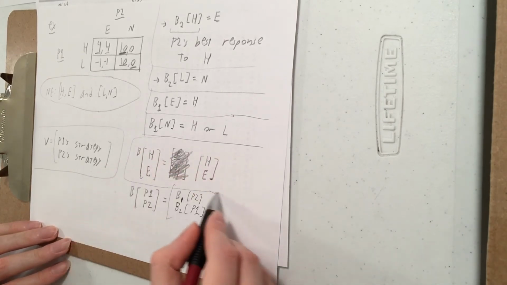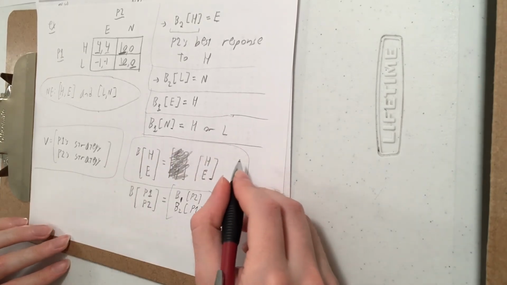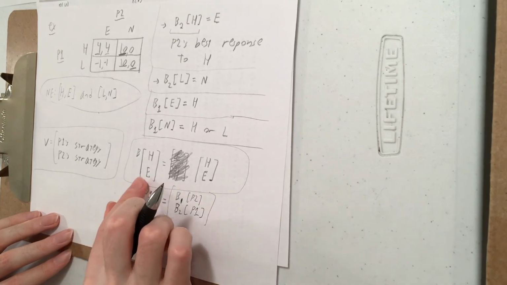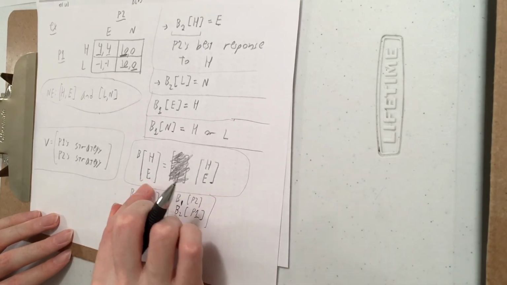So this is a Nash equilibrium because you have the best response to V is V.